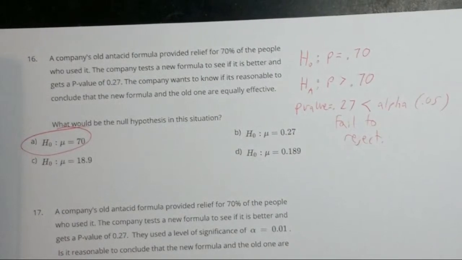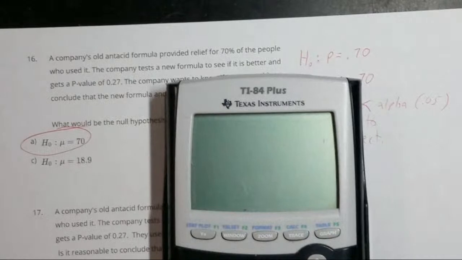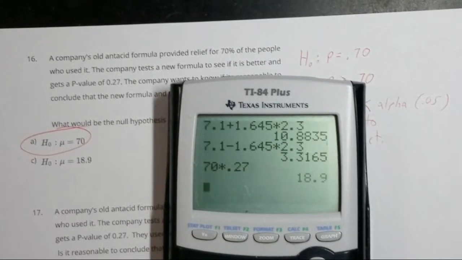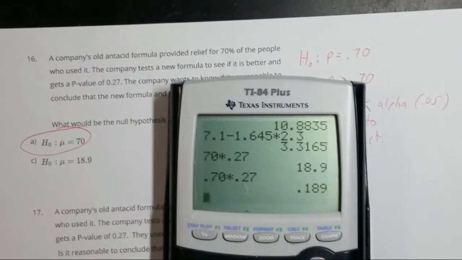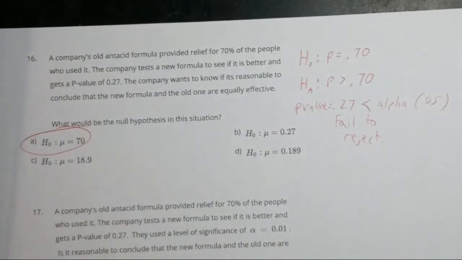Weird people. I don't know where they got the 0.189 or the 18.9. Maybe they multiplied them. Yeah, they did 70 times 0.27, or 0.70 times 0.27. That's where they got those. That has no basis in reality.